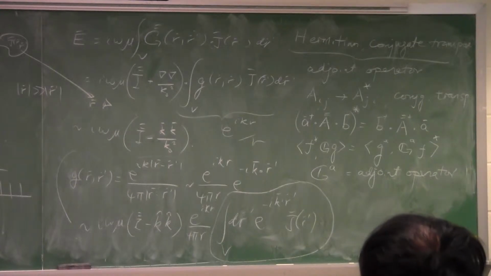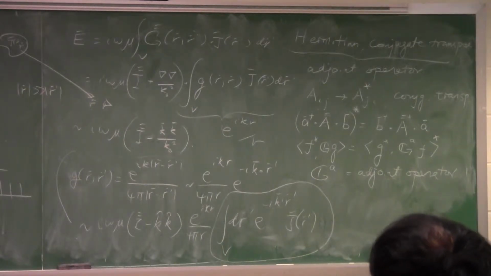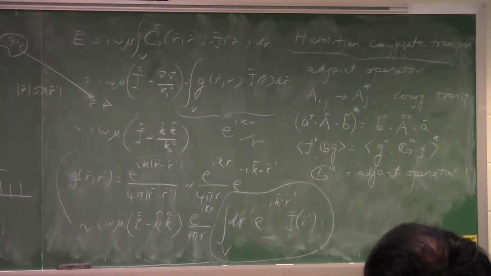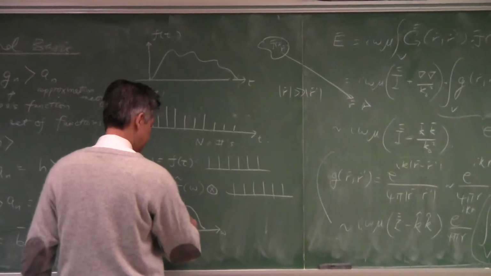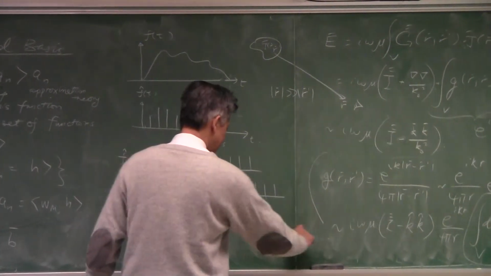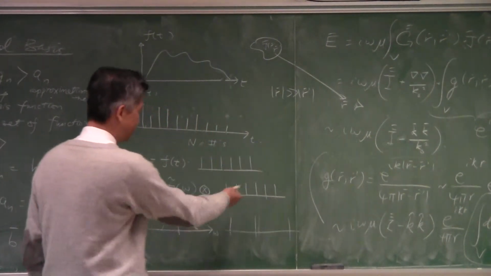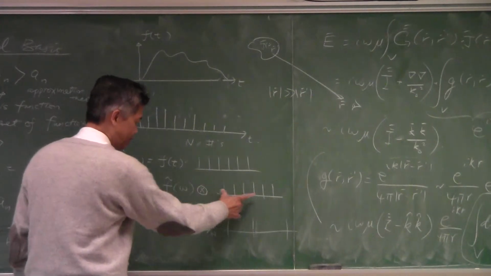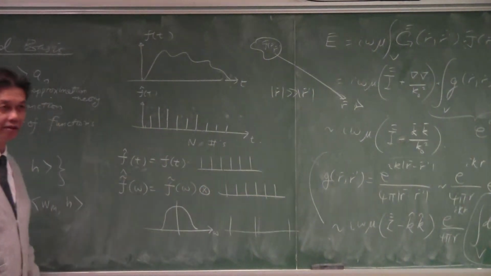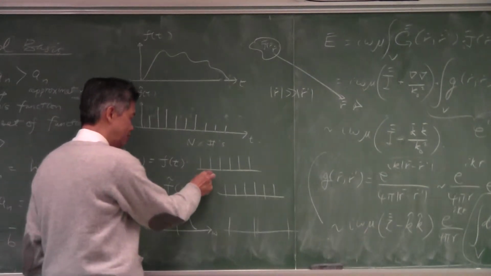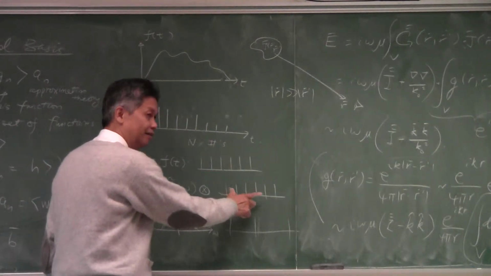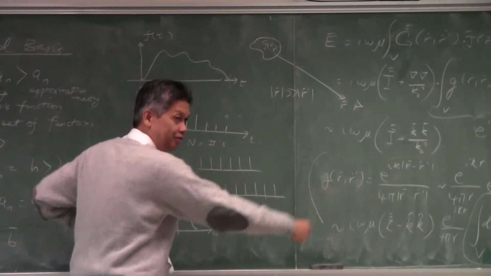Let me go back to this. So approximation theory says this, which means that if f of omega is band limited, it will look something like this. And then you convolve with the impulse train. If these impulses are spaced close apart, this impulse train will be spaced further apart in Fourier space, which means that if you have a high sampling rate, the impulse train in the Fourier space will be further apart.